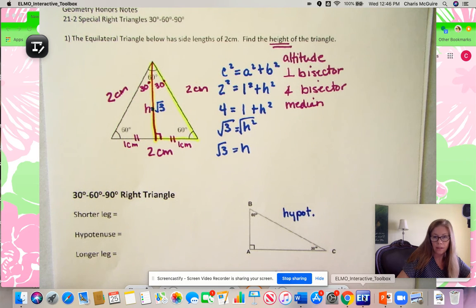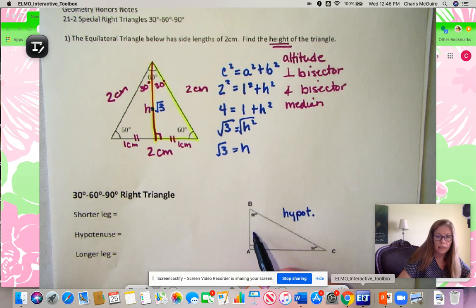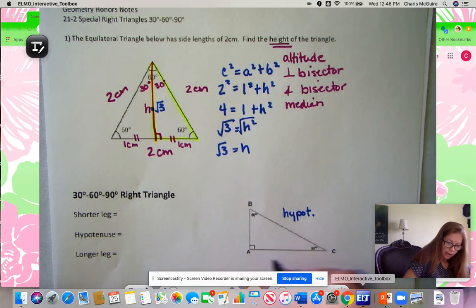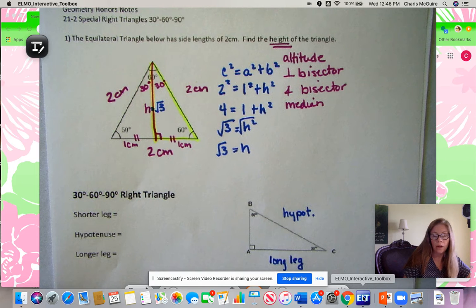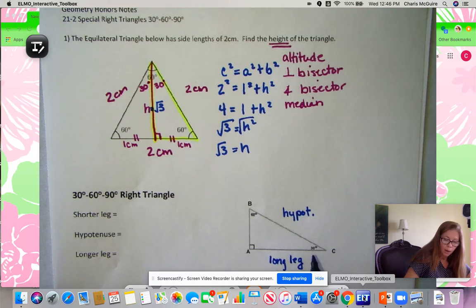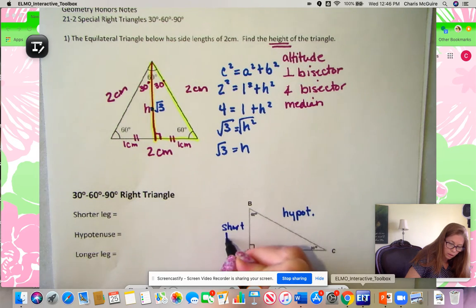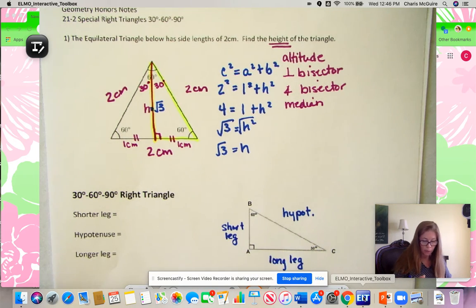And in the 30, 60, 90 triangle, the leg opposite the 30-degree angle is shorter than the leg opposite the 60-degree angle. And so we're going to refer to this as our long leg, opposite the 60 degrees, because 60 is bigger than 30. And then opposite the 30, this is our short leg. So you've got a hypotenuse, a long leg, and a short leg.